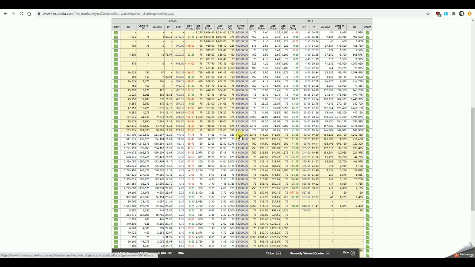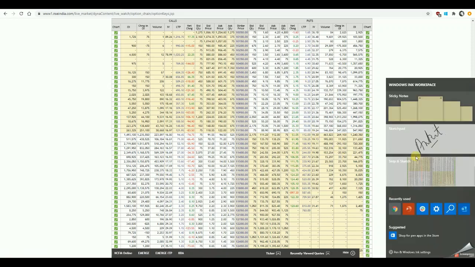Let me continue. The market must have moved downwards because you can see the calls have lost prices across the board and puts have gained.